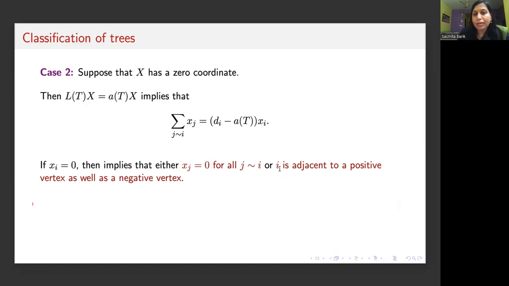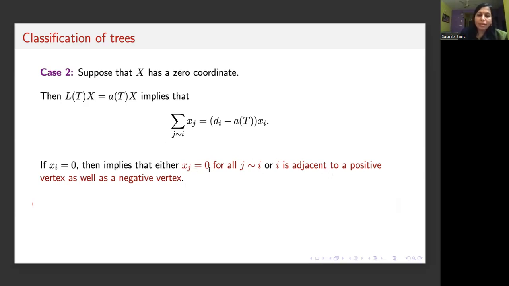Or it will happen that i must be adjacent to a positive as well as a negative vertex. There can be more also, but at least one vertex adjacent will be positive and one negative. So this is the second case. Now, let's say this is adjacent to all 0 vertices. Then I can go for another 0 vertex, and for that this thing or that thing can happen.